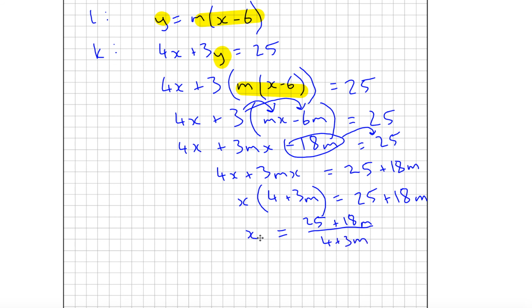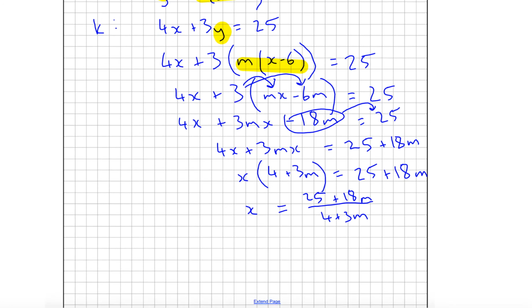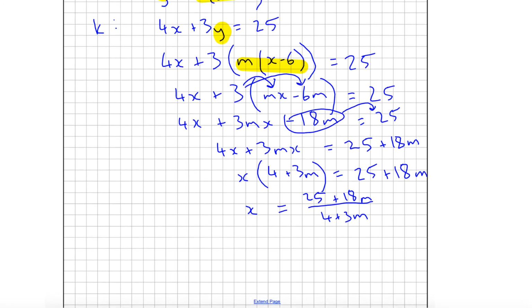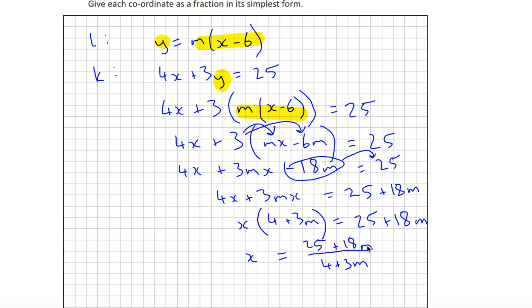So now I have my x coordinate of the intersection point. So this is my x coordinate. And now I'm going to sub this back in to find my y coordinate. So I'm going to sub this back in to one of these equations. So I'll probably sub it back into this first one because I'm trying to find y and that's already the subject.